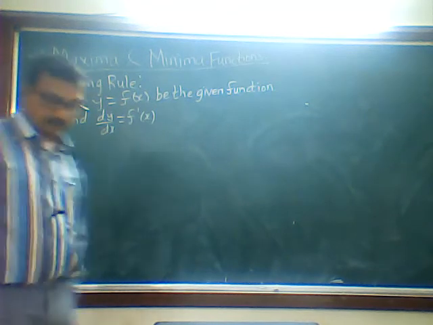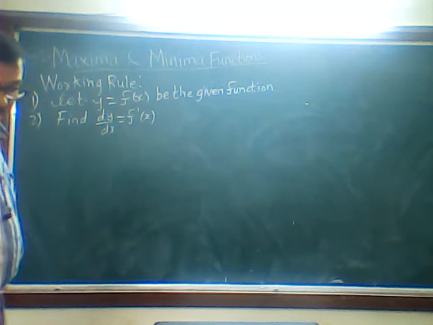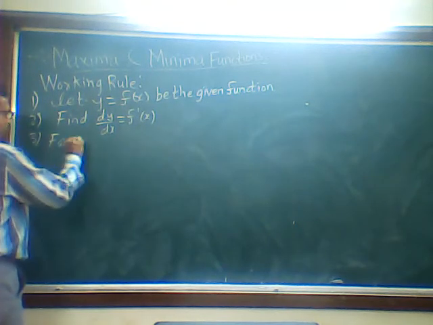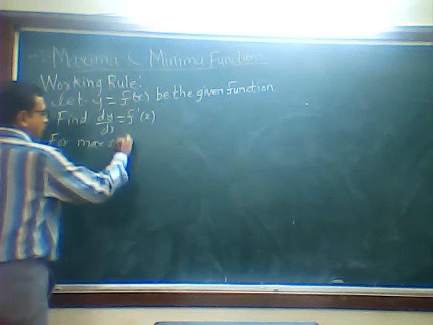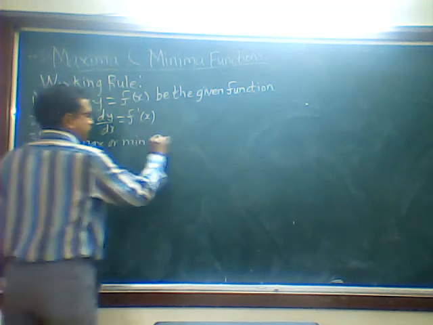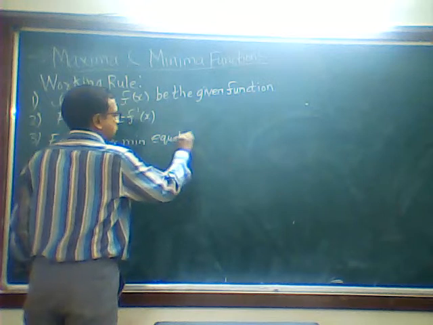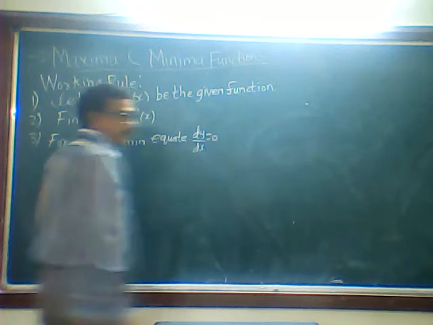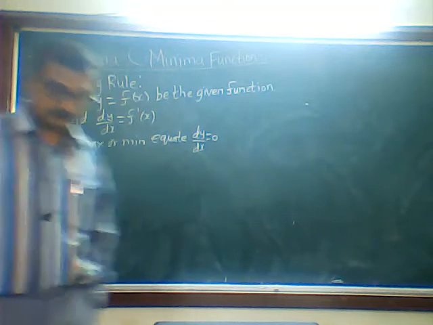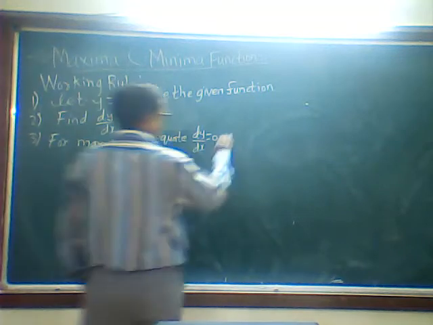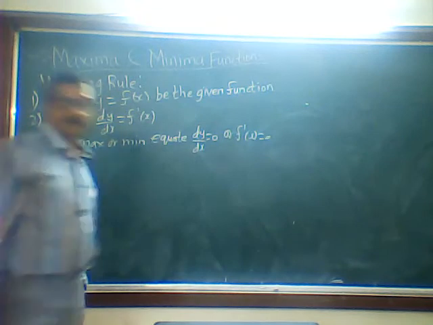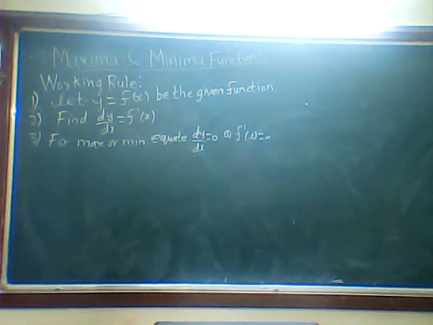Okay. Now third one, for maxima or minima equate dy by dx is equal to 0 or f dash of x is equal to 0.